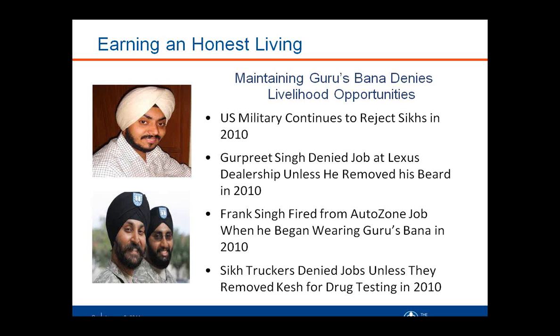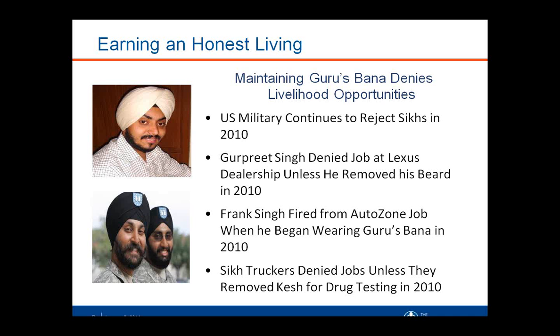Next, just again from this year, we had a Sikh named Gurpreet Singh who was denied a job at a Lexus dealership unless he removed his beard, Dari. In that case, Gurpreet had gone through a training and was told that he had passed amongst 16 people, was at the top of the class in terms of passing all the training tests, but then was asked, interestingly not about his dastar, but about his beard, and was told that he would need to trim it.